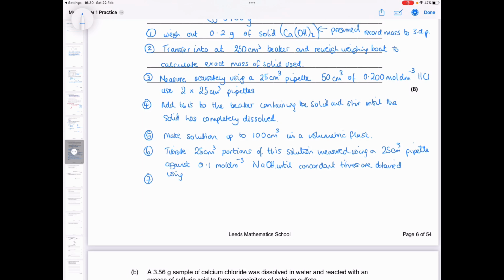And because at this point we're titrating a strong acid with a strong base, we would use practically any indicator, but I'm going to use phenolphthalein indicator.